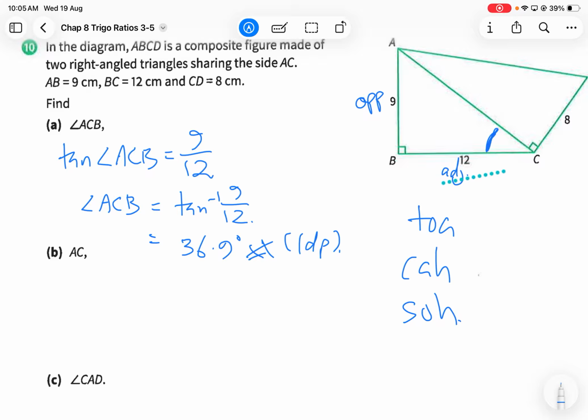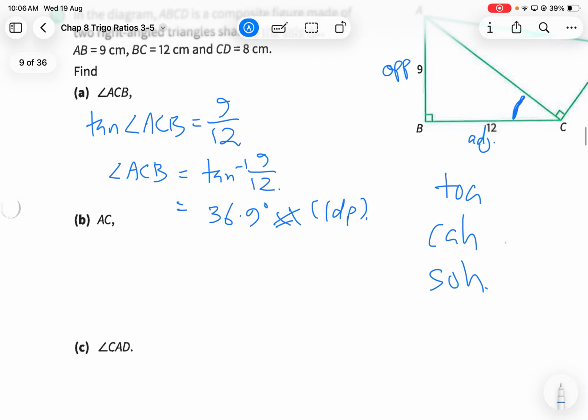Next, I want to find AC. Using 9 and 12 is the best way to find my hypotenuse. Right angle triangle, I know the two sides, and I want to find the longest side.